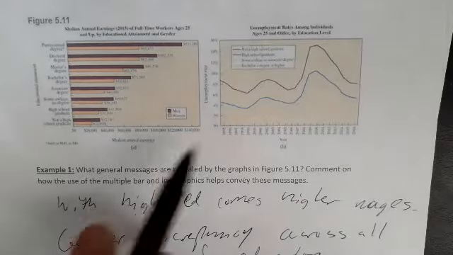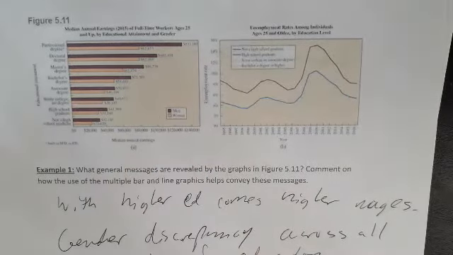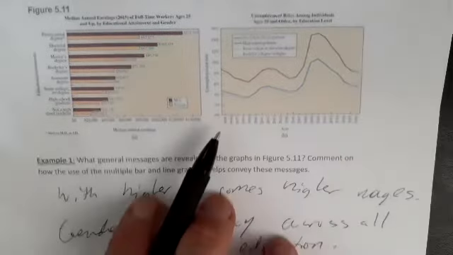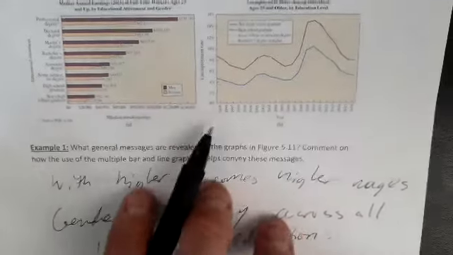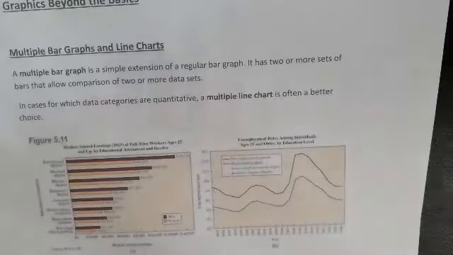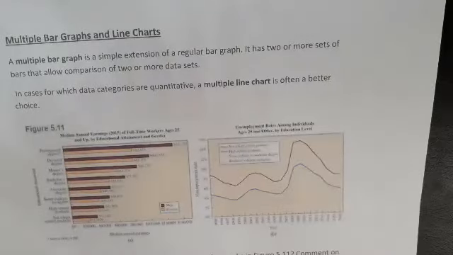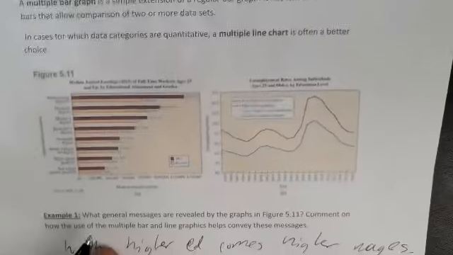So this is going from 0 to 10% unemployment rate in our y-axis scale. And we are going from 1995 to 2016 on our x scale.